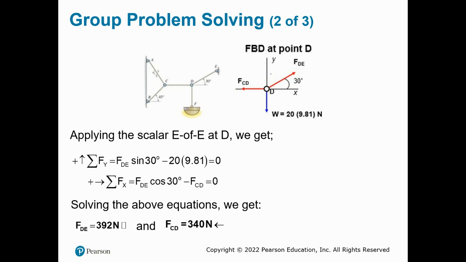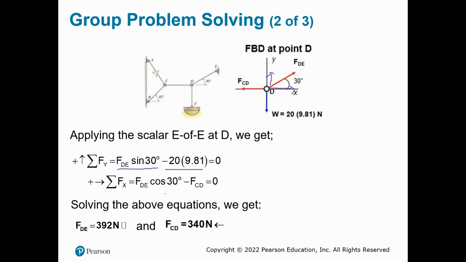Again, over here, we are going to break our DE into the vertical component and the horizontal component. DE sine 30 gives me the Y, going up, positive Y. And you have that 20 times 9.8 coming down, negative value, pulling down. So that's the summation of all the forces along the Y direction.